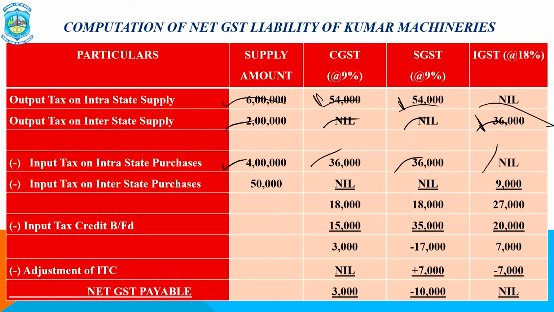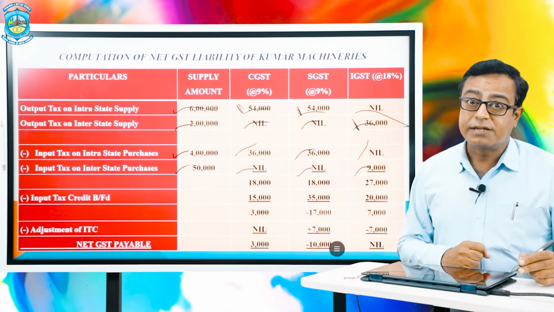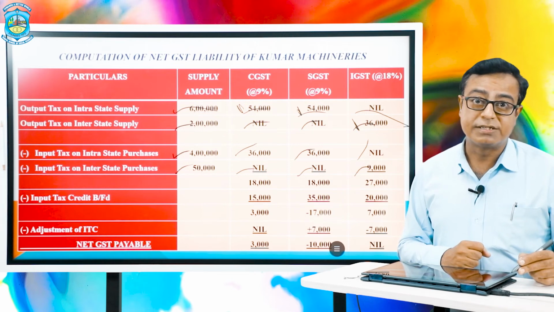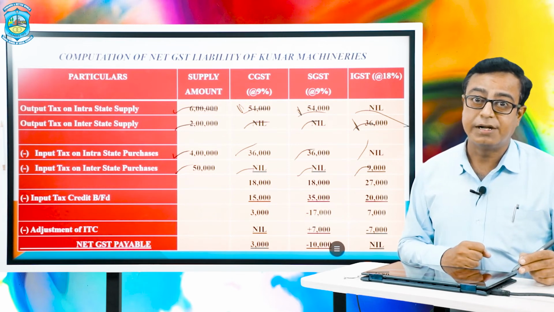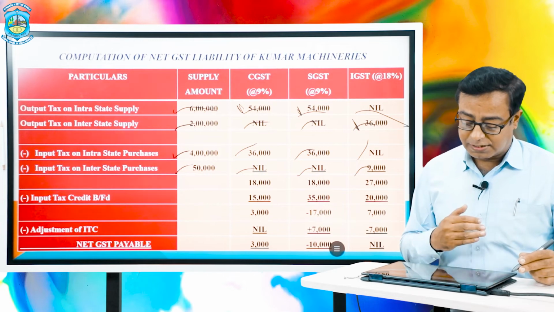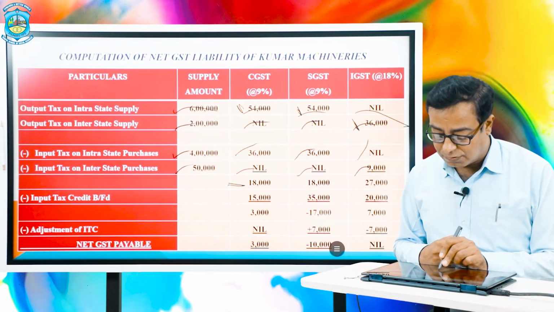Next, we have inter-state purchase of rupees 50,000. On this particular, we have no CGST, no SGST, but we have rupees 9,000 as the IGST. So, in this way, we have the gross tax liability of this particular dealer. 54 minus 36, it is 18,000.